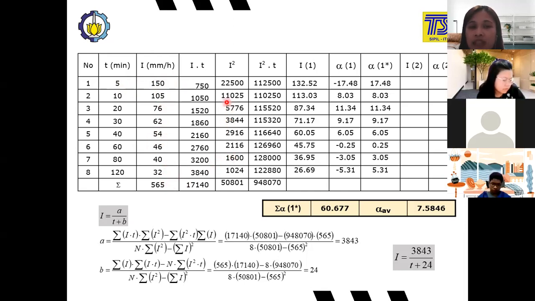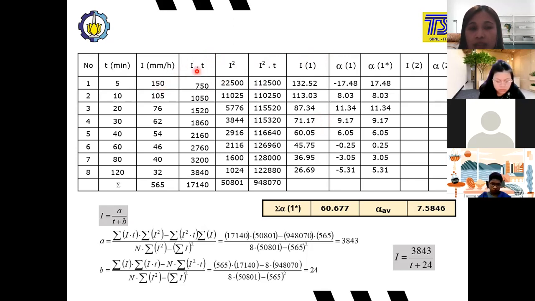And to look for A and B, we also have to calculate I squared. Then we have to calculate the total of I squared, the total of I, the square of the total of I, then I squared multiplied by T, and I multiplied by T. That's why we have this complicated table here.